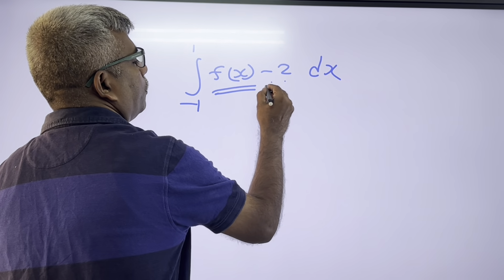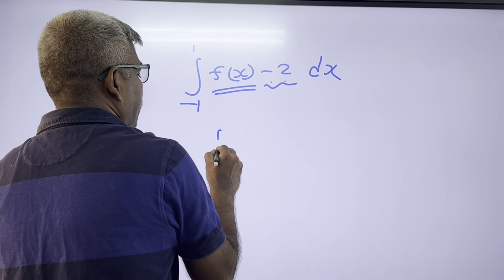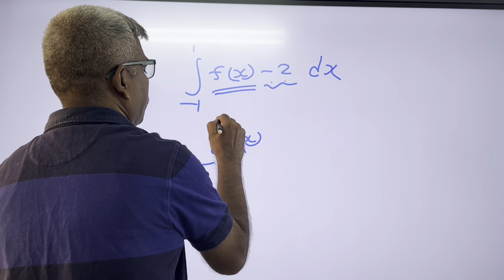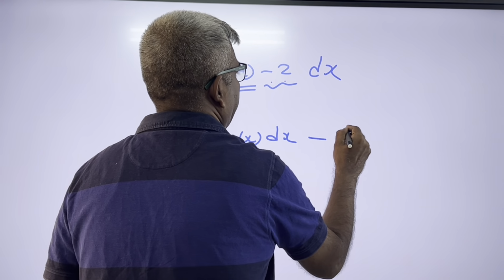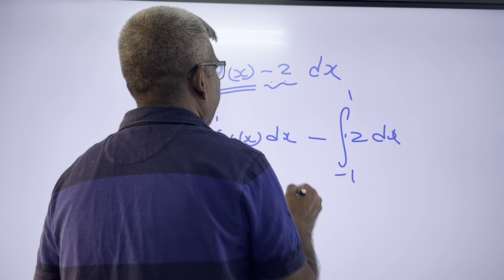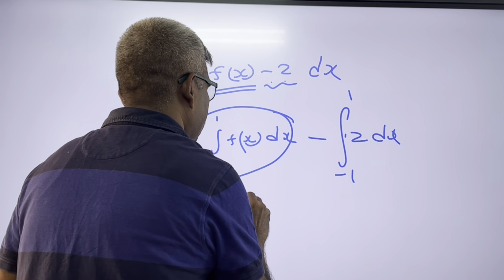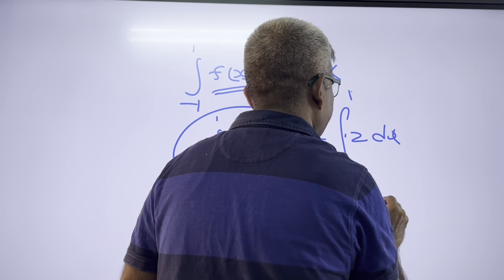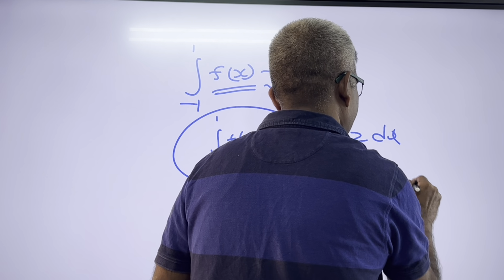Now we have to do only this one. This we can split: integration of f of x dx, minus 1 to 1, minus integration of 2 dx, minus 1 to 1. Okay, this is 10.52 minus 2x, minus 1 to 1.